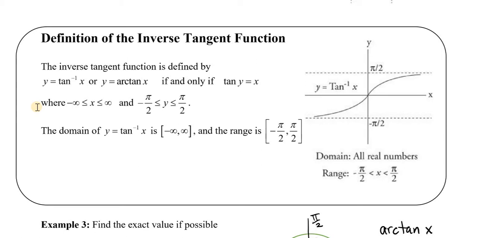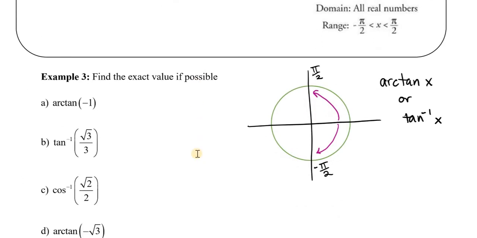So the domain of the inverse tangent is all real numbers, and the range is negative pi over 2 to pi over 2. But just recall it's not inclusive, so be careful with those symbols.